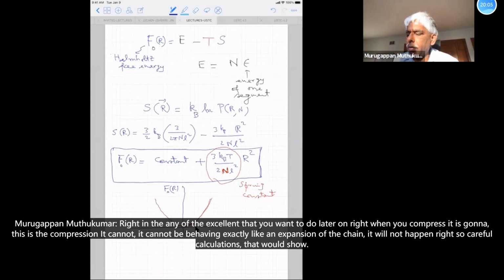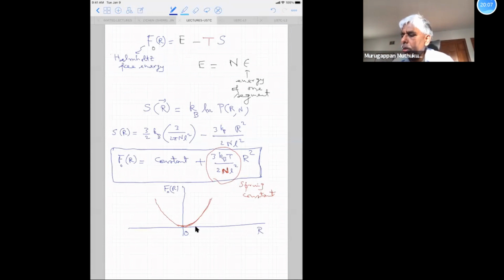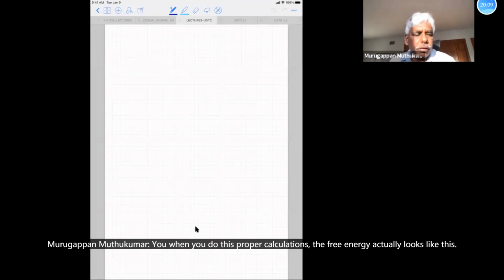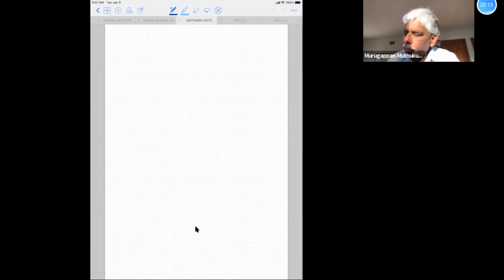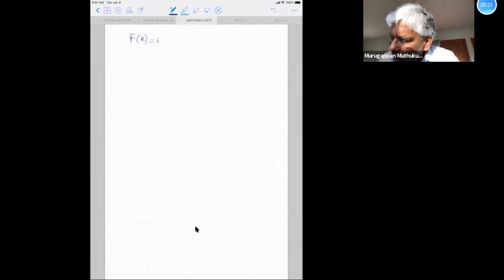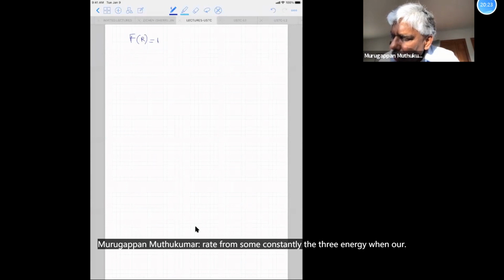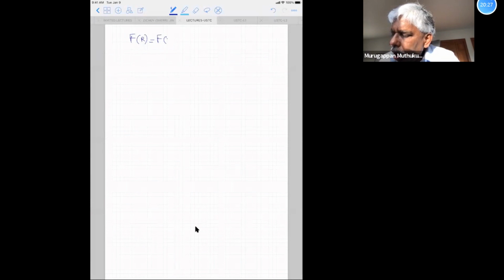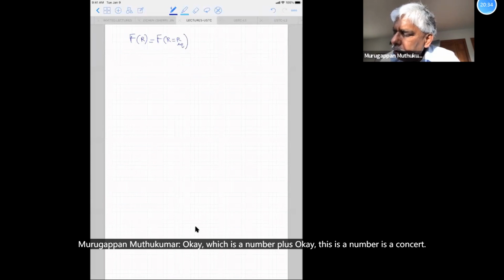So careful calculations would show, when you do the proper calculation, the free energy actually looks like this. Free energy is equal to some constant. This is the free energy when R is equal to R equilibrium, which is some number.